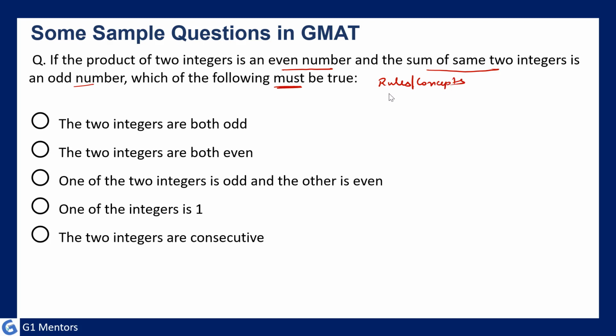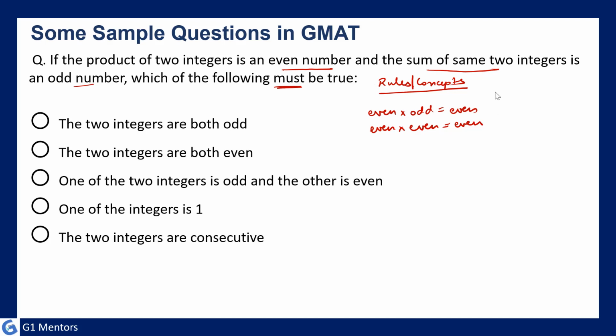Let's try this way. So the question says the product of two integers is an even number. So we know that even into odd is even, and we also know that even into even is also even. So we don't know whether both the integers are even or one of them is odd and one of them is even. Then the second says the sum of the same two integers is an odd number.